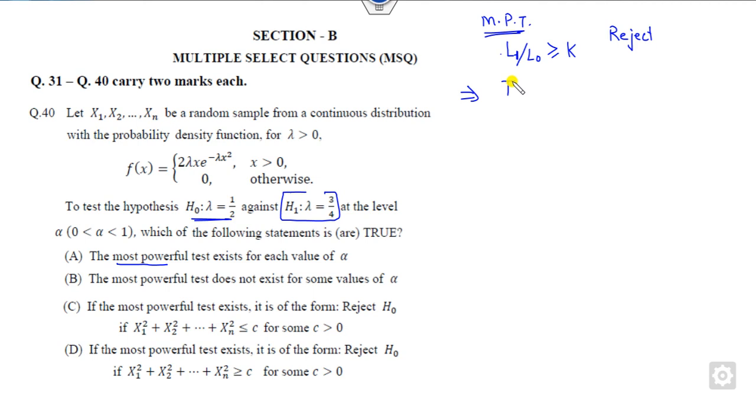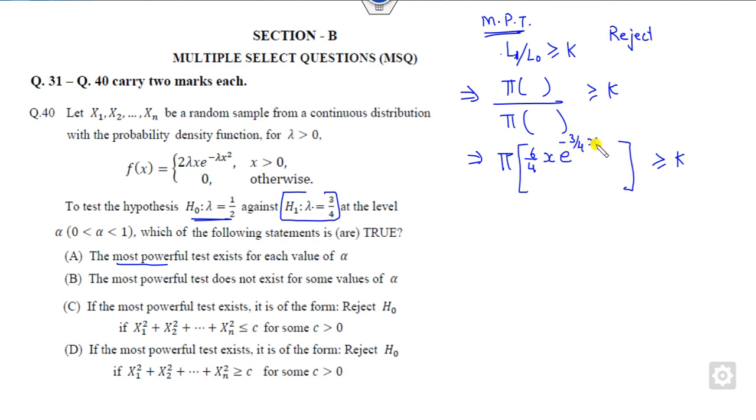L is the product of this divided by the product of this. I can write the product as common. This is my k. I can substitute the value of L where lambda is 3 by 4, so it is 6 by 4 x e raised to the power minus 3 by 4 of x square, divided by L0. What is L0?